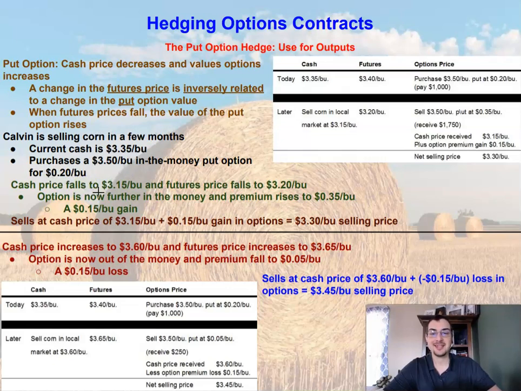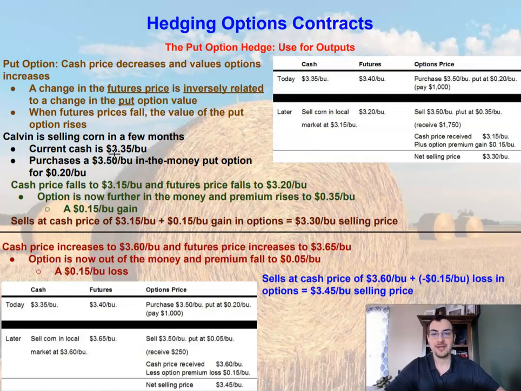So he is in the money, which means, because this is a put option, that the strike price is above the underlying futures price. In this case, the futures price is currently $3.40. He purchases that $3.50 strike price options contract, and he pays 20 cents per bushel.